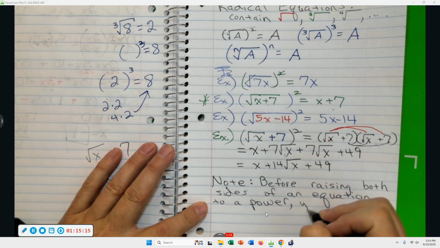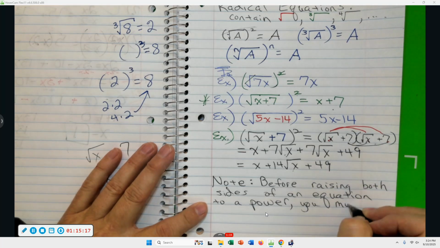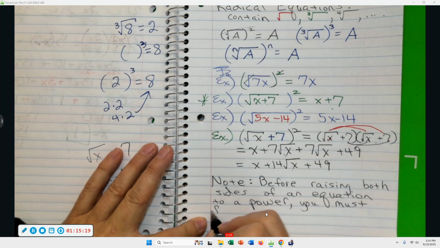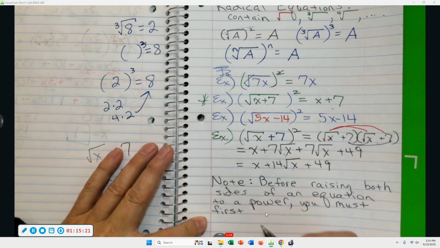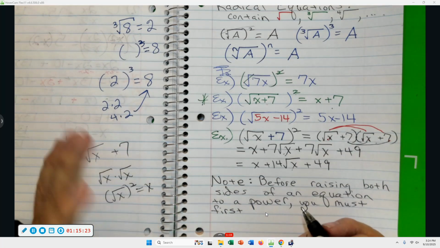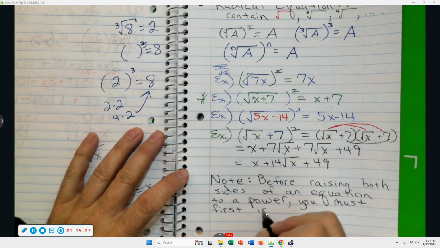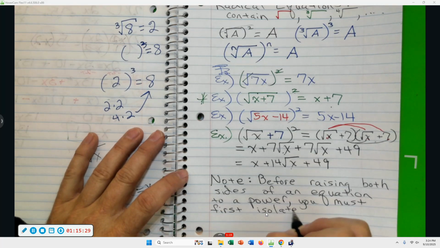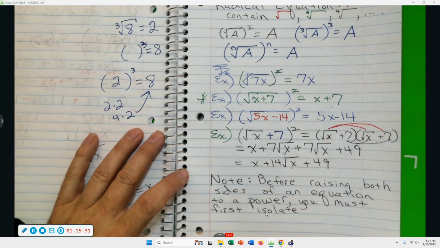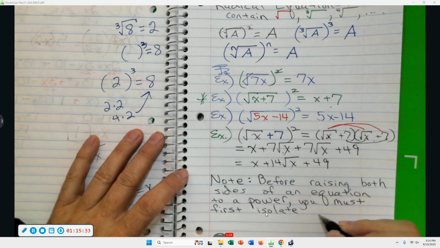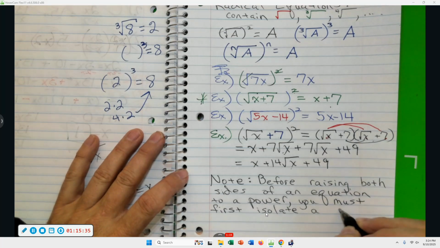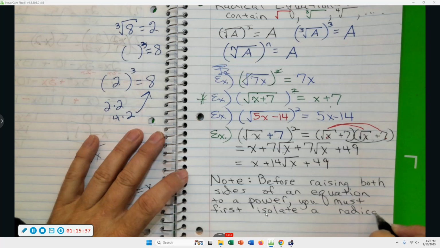I'll say you must first isolate a radical term, because you may have more than one radical symbol. If you have more than one radical, you have to isolate one of those radicals.